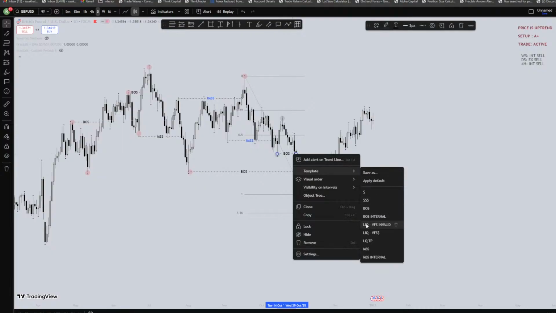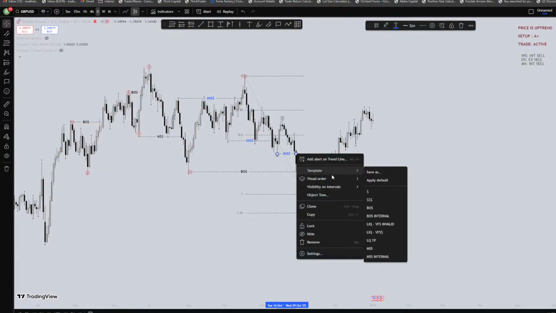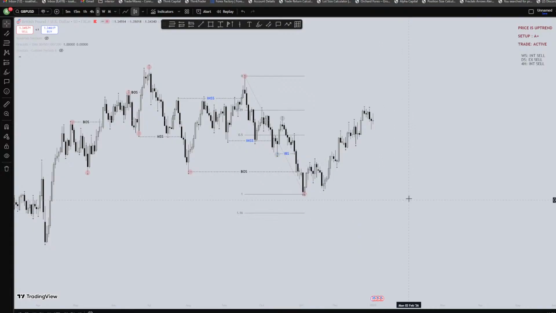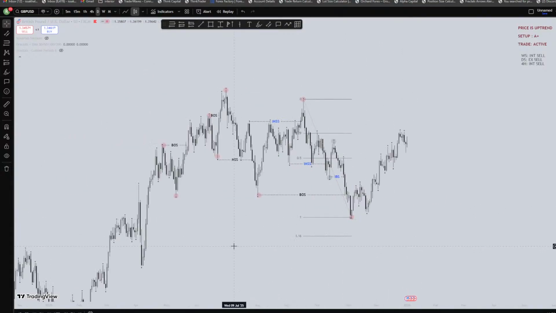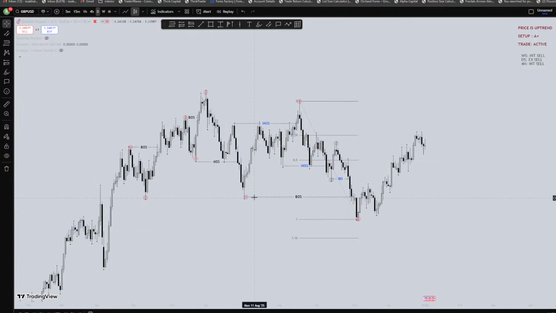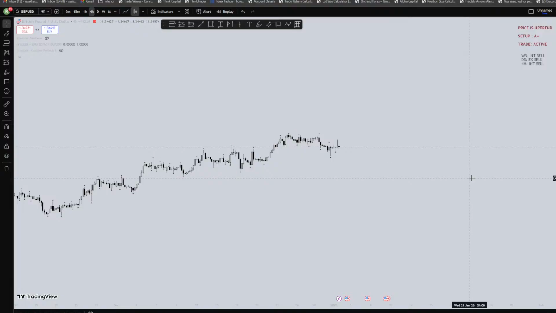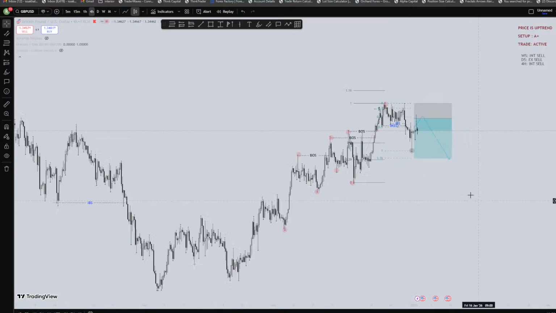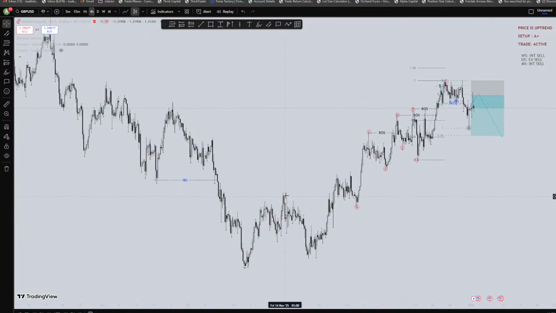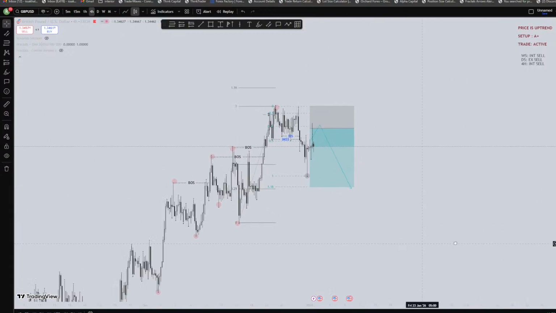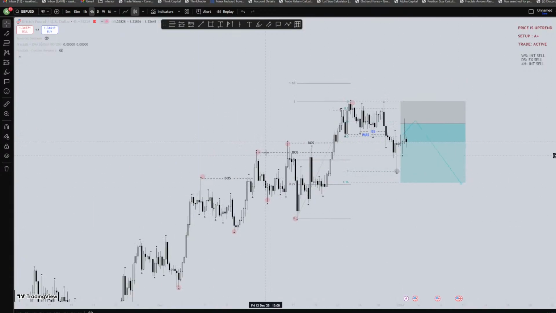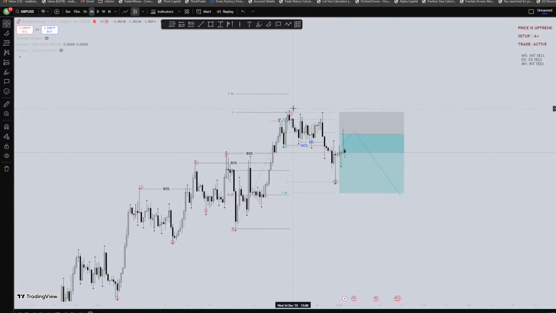So here we have an internal EOS, which confirms it, as you can see. So waiting for price to come back here and to sell, which has aligned this structure, breaks of structure, come back in.